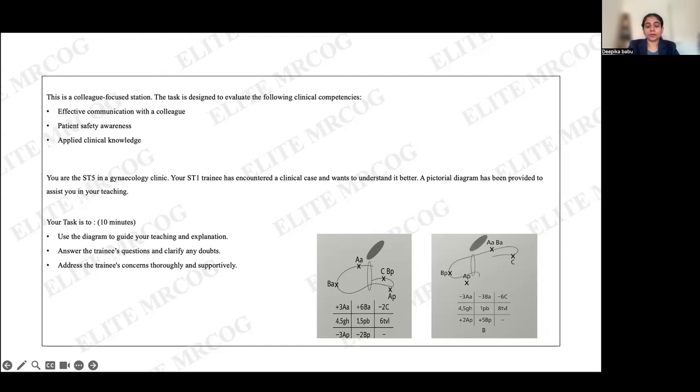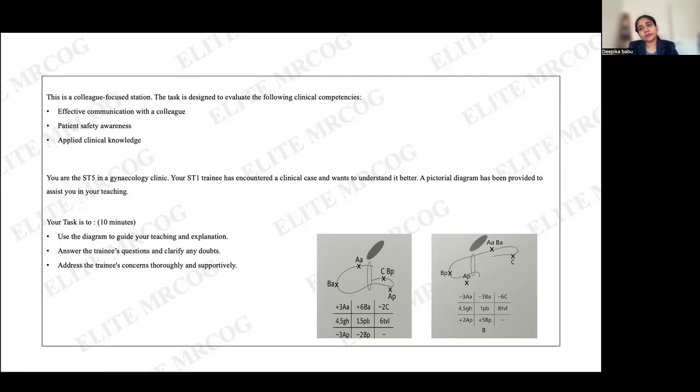If I make a diagram for you, in the introitus you first see the hymen, and then you go above it. The point just above the hymen in the anterior wall would be the Aa. The most distal point in the anterior vaginal wall would be the Ba. Am I clear so far? Okay, yeah.